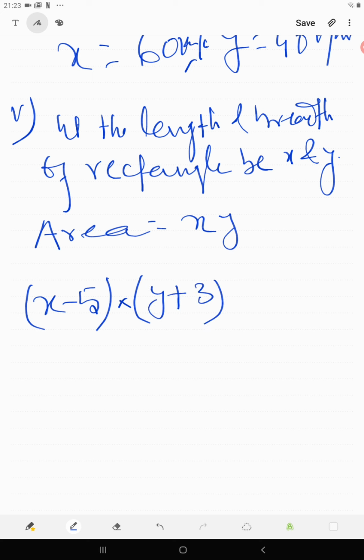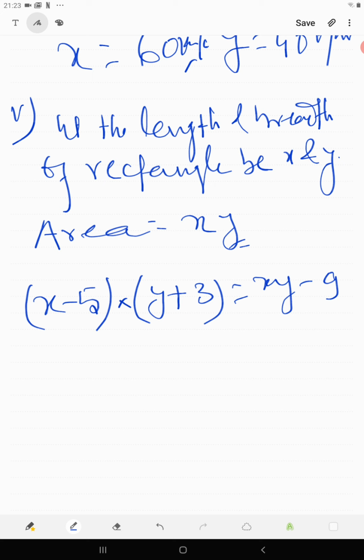That is equal to how much area is changing? The area of the rectangle gets reduced by 9 units. So what is the initial area? xy. And how much is it reducing? 9 units. So the initial area minus 9 is my current area. If length is reduced by 5 units and breadth is increased by 3 units, then the area is changing by 9 units.